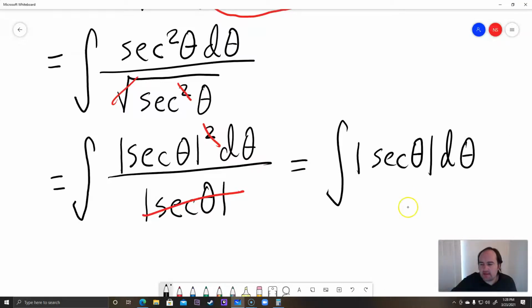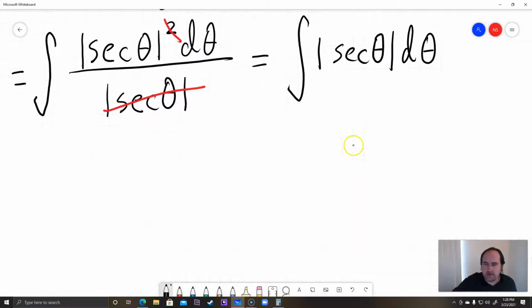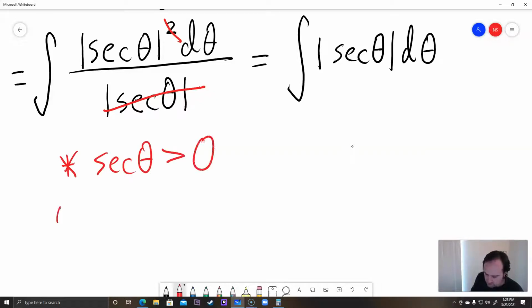But that's because we're doing trig substitution. So this is a little different from the arc length problem that I did on the discussion board. But what I'm going to say here is, I'm going to say secant of theta is greater than 0 on the interval negative pi over 2 is less than or equal to theta, which is less than or equal to pi over 2.